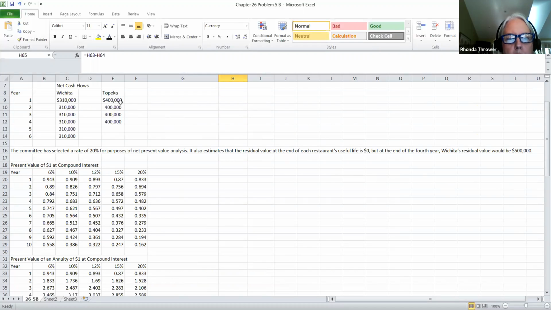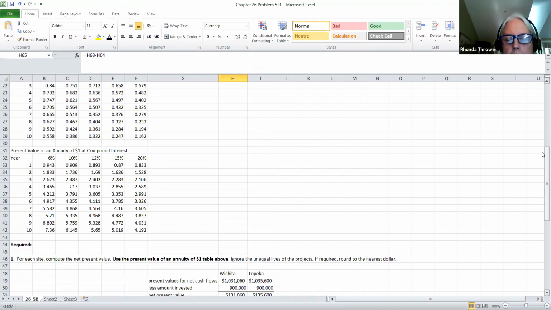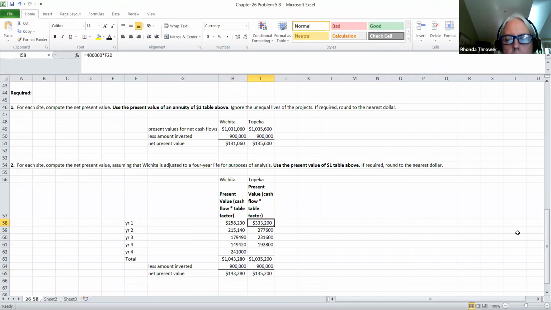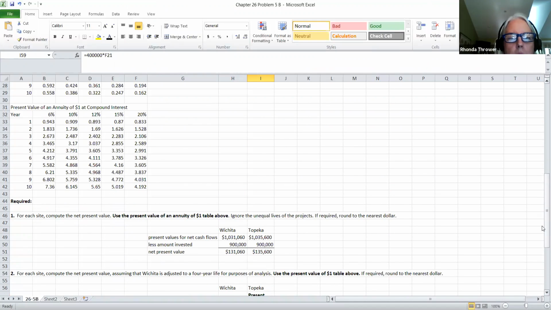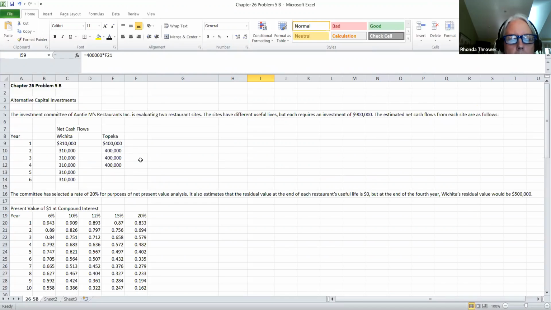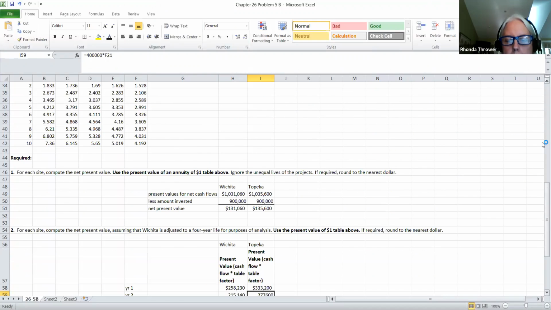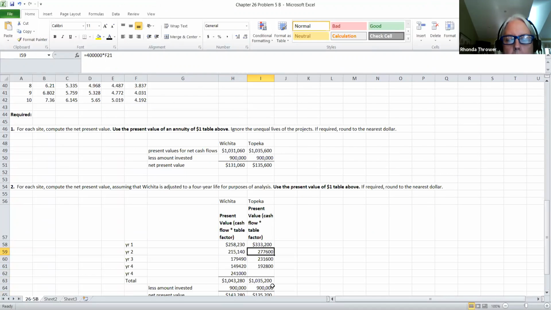So you simply multiply each cash flow times the table value amount in each year. So year 1 is 400,000 times 0.833, which will give you the present value of year 1, which is 333,200. To get the present value in year 2, we'll take 400,000 and multiply it by 0.694.